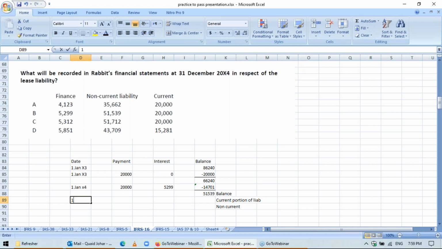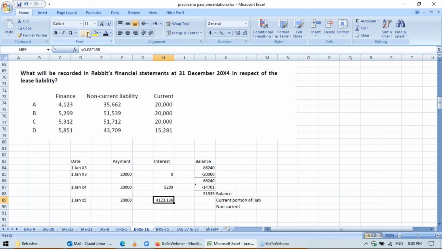So on 31st December 2004, you will see that on 1st January 2005, which is within a day, you are paying 20,000 more. And that 20,000 will be including an interest of 8% on 51,539, which is 4123.